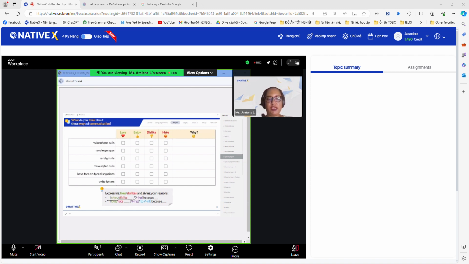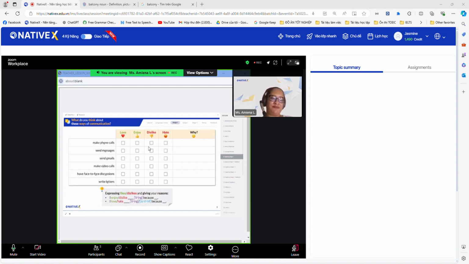Please use this speaking structure: I enjoy dot dot dot because dot dot dot. If you dislike it or hate it, you would say, I hate dot dot dot, and tell me why. Ready? All right.